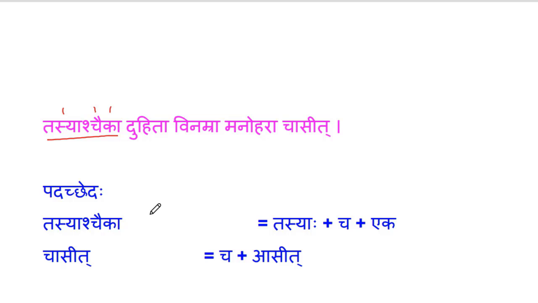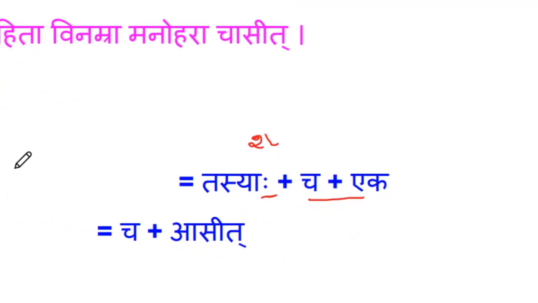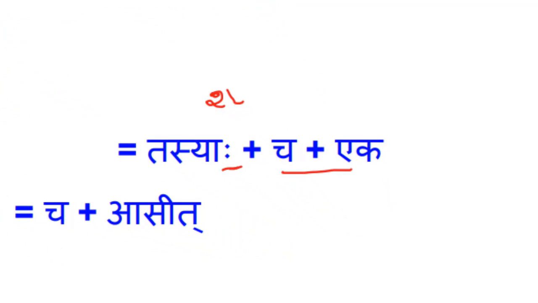Because the visargam will change into a small sh when you join these two words, giving tasyascha. And cha plus ega, we already studied that sandhi last year. Before the plus a, after the plus a.